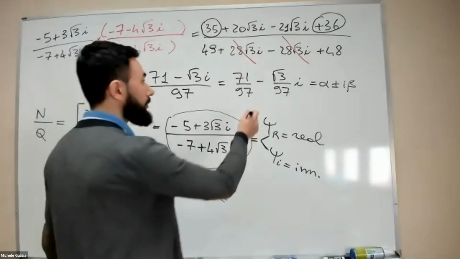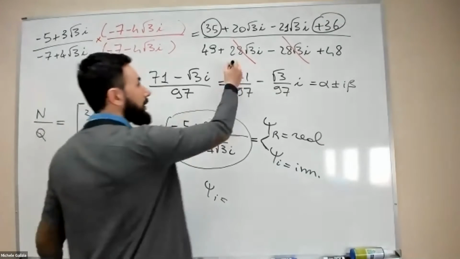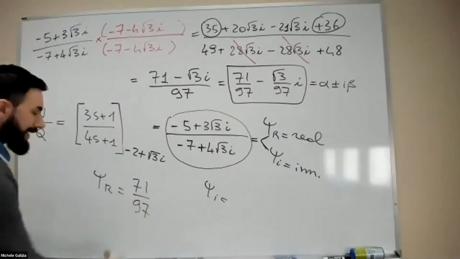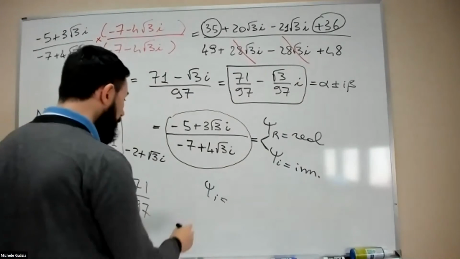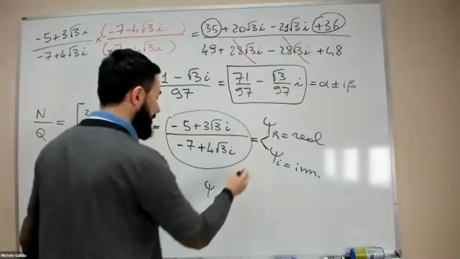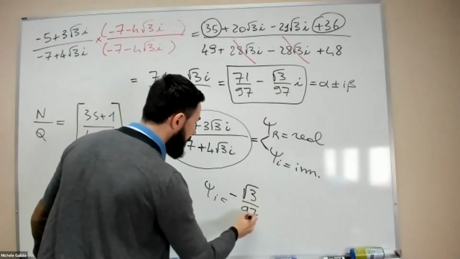Psi r is the real part of this number. Make sense? Yes. Who is psi i? The imaginary part of this number, minus square root of 3 over 97.